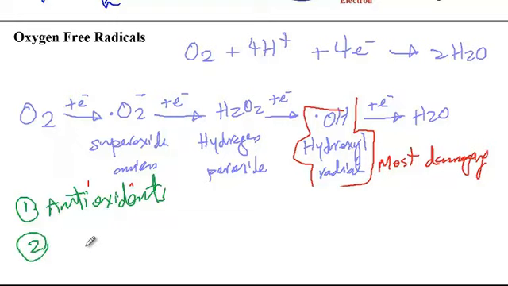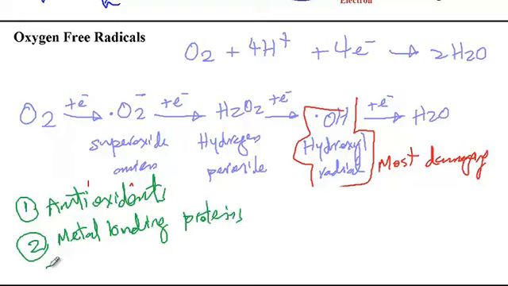Alternatively, we can have metal binding proteins, like for instance transferrin, which binds to iron, or ceruloplasmin, which binds to copper. By taking away these heavy metals that could be involved in the Fenton catalyst reaction, we will decrease the risk of free radical formation. So metal binding proteins.